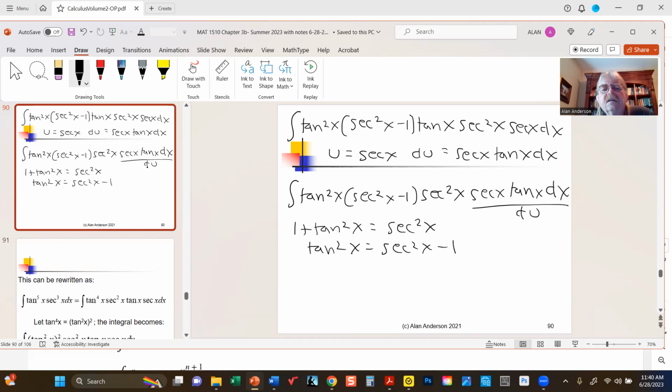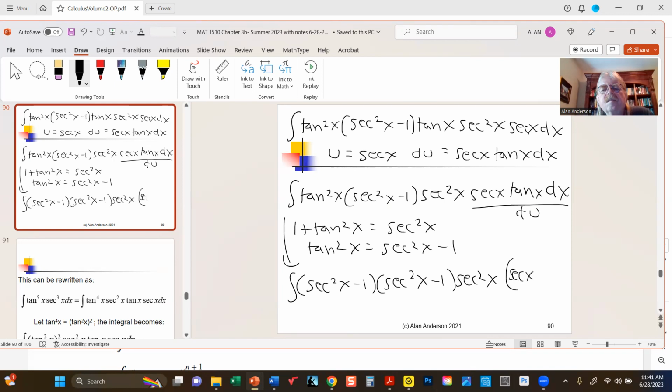And so basically, what we probably would like to do here... all right, now we can substitute our u. By the way, what we have here is secant squared x minus 1, the entire expression squared.